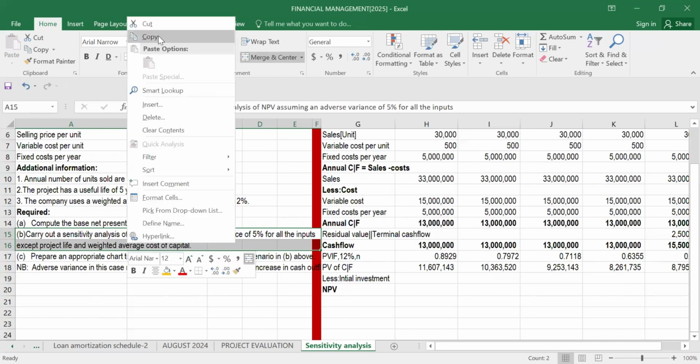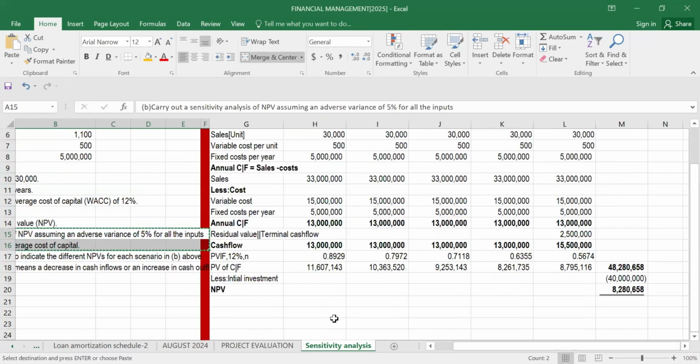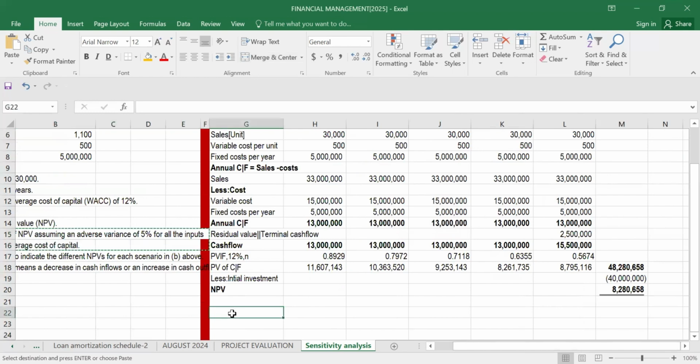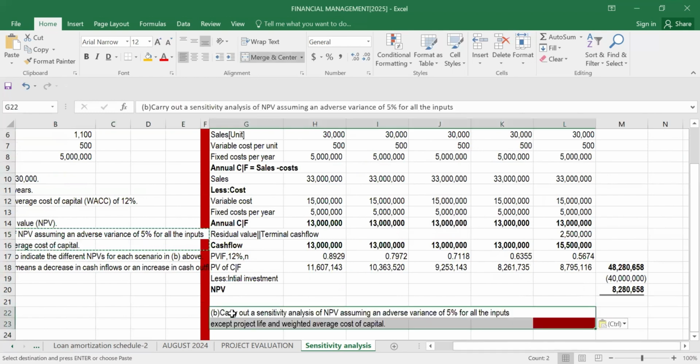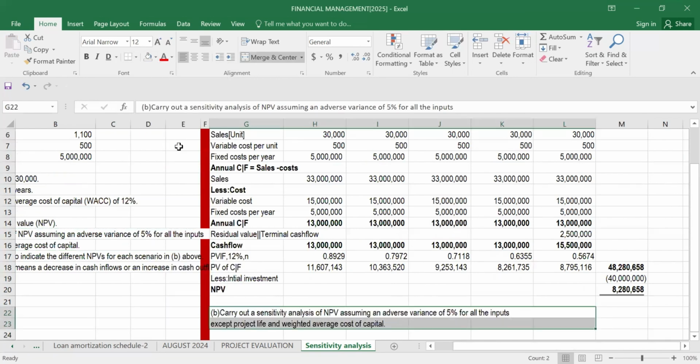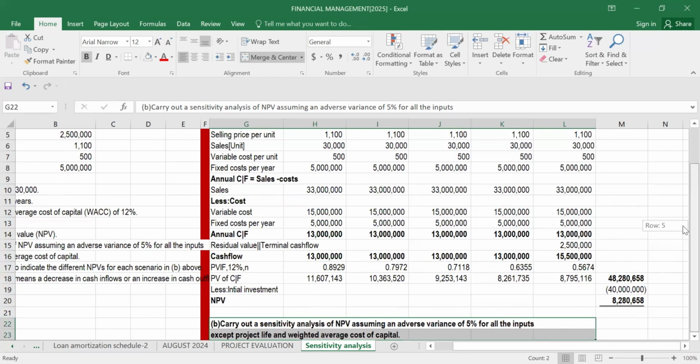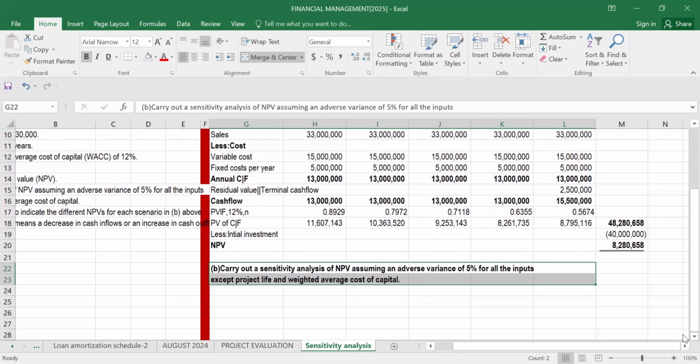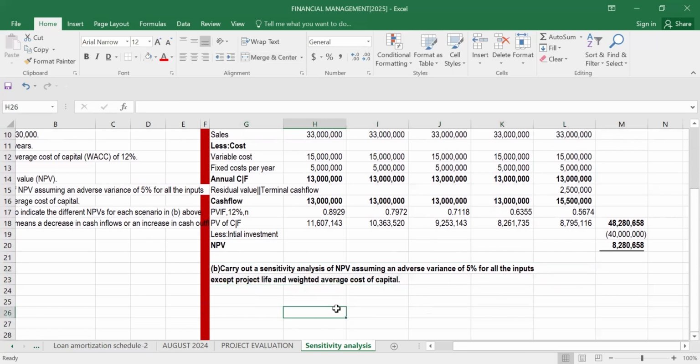So we are required to carry out sensitivity analysis on NPV, assuming adverse variance of 5% for all inputs except what? The project life and the weighted average cost of capital.